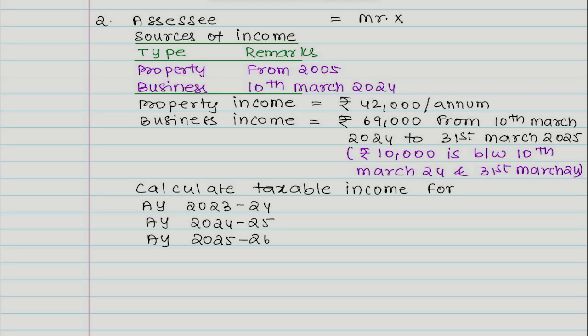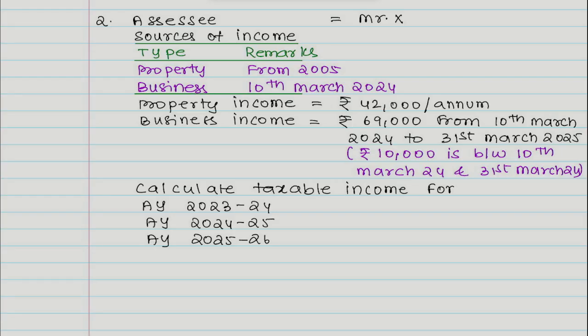But with respect to the business income, what is my previous year? 10th March 2024 to 31st March 2024. During that period, how much income did I generate? 10,000. So for the assessment year 24-25, meaning previous year 23-24, what is my property taxable income? 42,000, that is per annum.